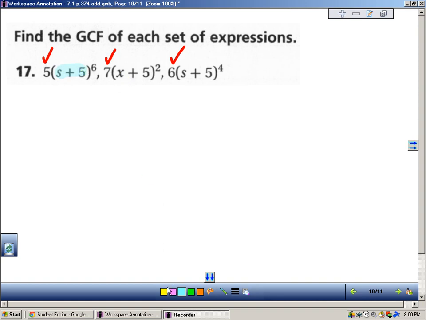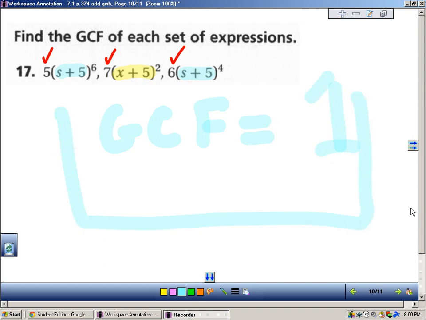Different variable. And here I have an s plus 5, which is fine, but it's not found in all 3 of the monomials. Remember, a GCF, a greatest common factor, has to be common in all of your monomials, and it's not. So there's nothing in common here. The GCF would be 1. Okay?